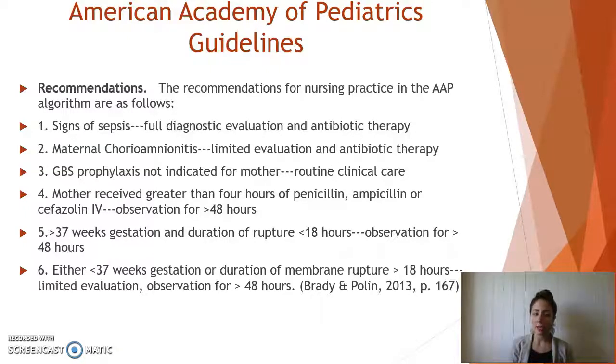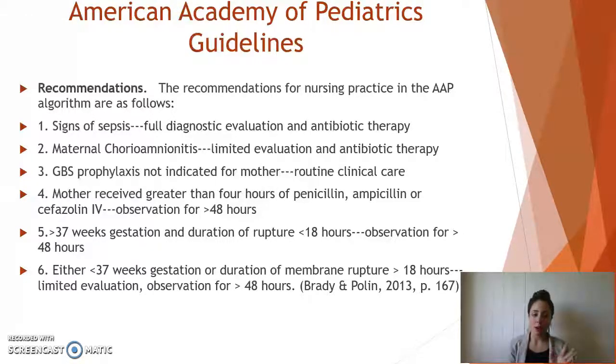GBS prophylaxis, if the mother didn't have a need for it, if she was negative, then you just proceed with care. If the mother received greater than 4 hours of penicillin or like adequate treatment, same, you just observe the baby for greater than or equal to 48 hours. And then if the baby was term, but the rupture of membranes was not prolonged, same, you just observe the baby.